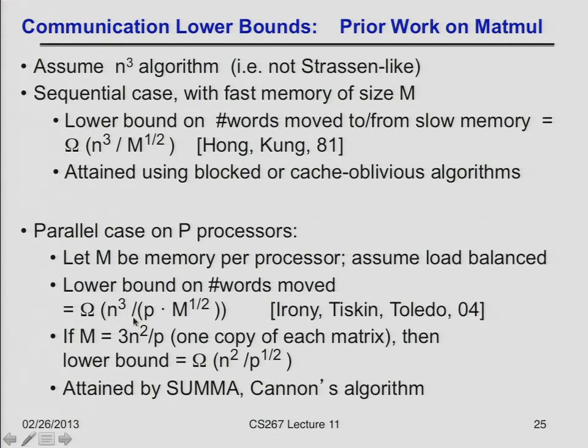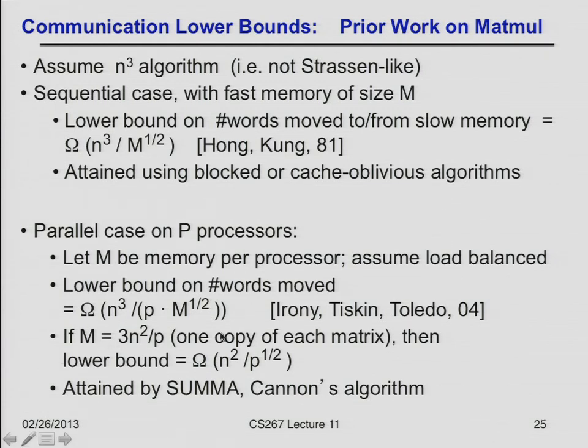It's the number of flops done per processor, n cubed over p, still divided by the square root of the amount of memory each processor has locally. But what's that? Because my matrix is now spread out over the whole machine, I may only use a little bit of the memory of each processor. I don't need the entire memory on each processor to do a matrix multiply. So how do I choose M? It's not a cache size anymore.